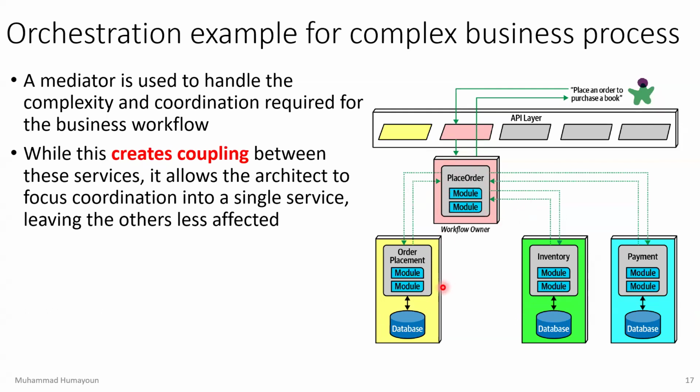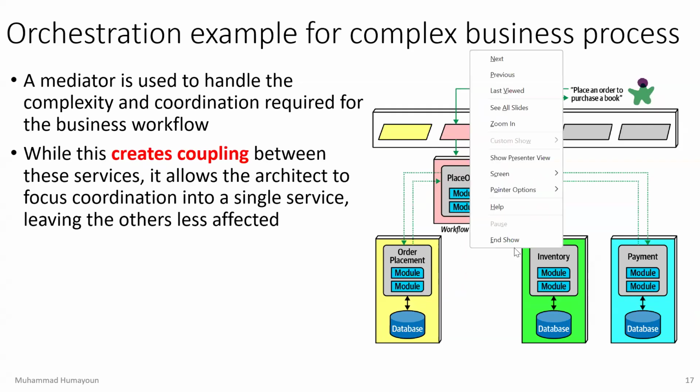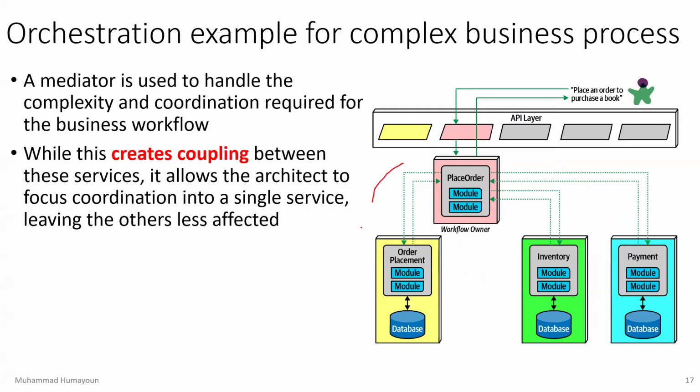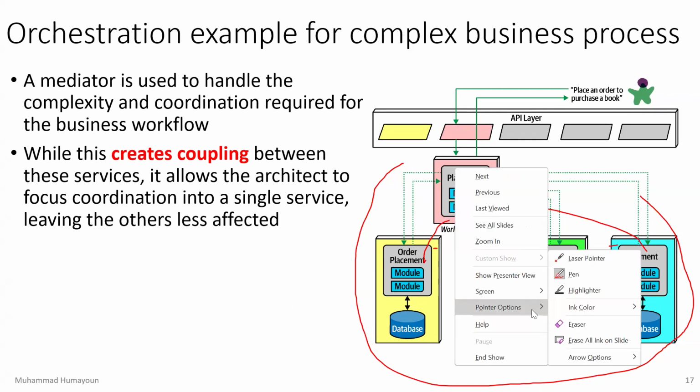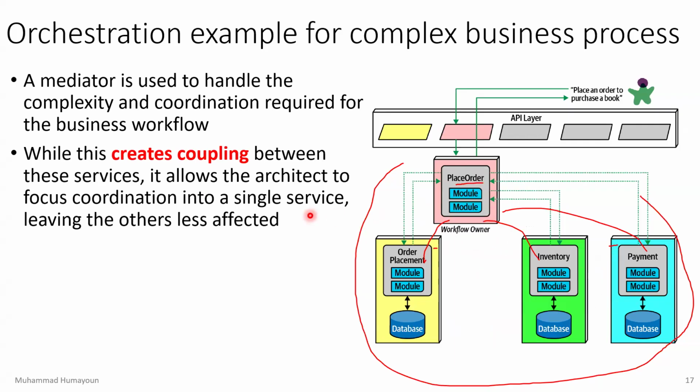The problem, as we can see easily, it creates coupling. Now we can see that all these depend on each other. Of course, this payment doesn't depend on order placement, but this place order depends on this, and this. So it creates coupling between different services, which is not something we want to have in microservices. But we are not living in an ideal world, and such a workaround has to be there so that a system can work.